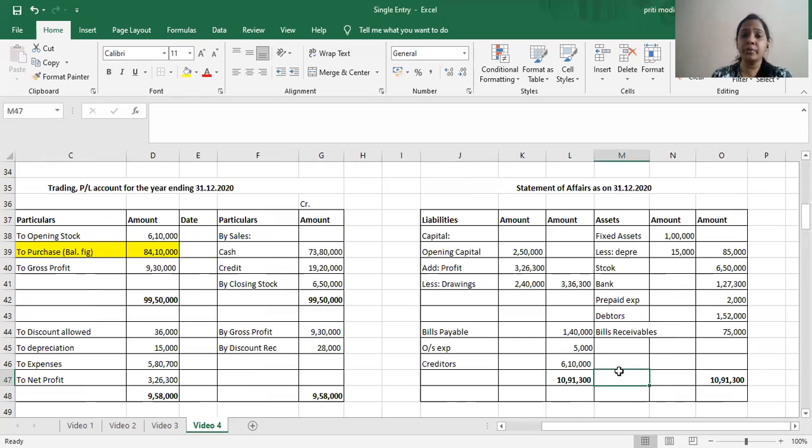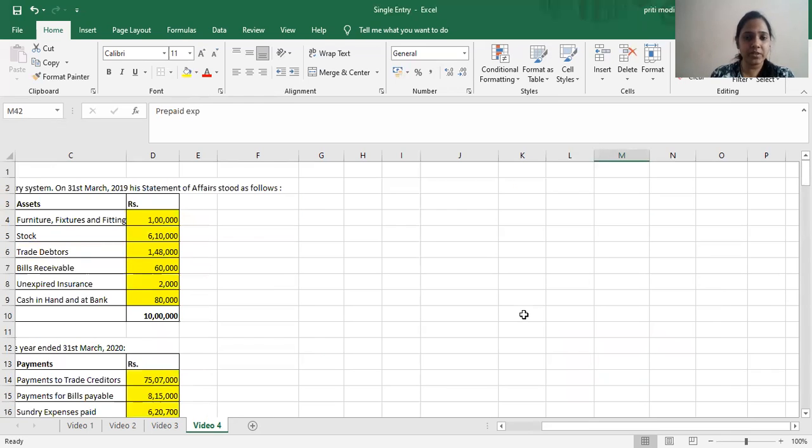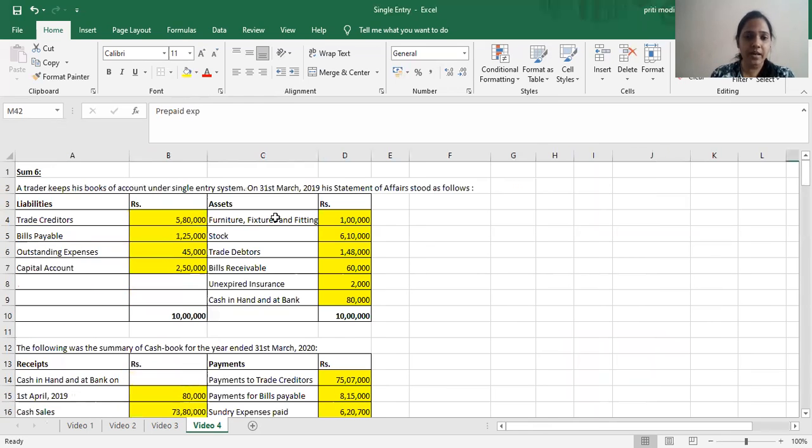And what you can do, if you're unsure about the balance sheet items, is you can count the number of items. See, on the asset side, basically there's the problem. On the asset side we have 1, 2, 3, 4, 5, 6 items. So go to your statement of affairs. Opening: 1, 2, 3, 4, 5, 6. You have 6 items.